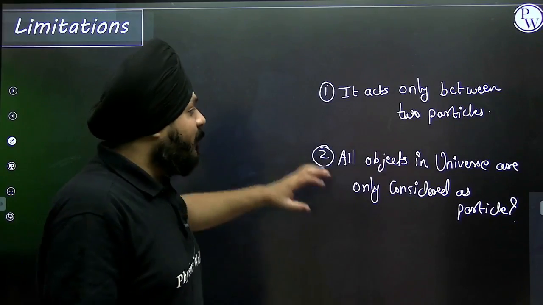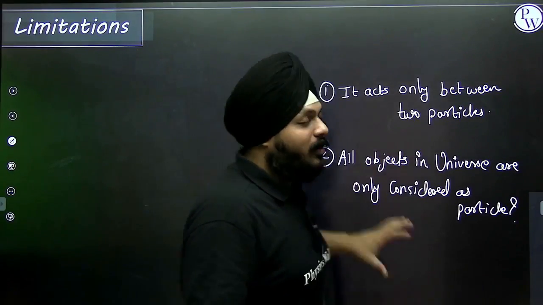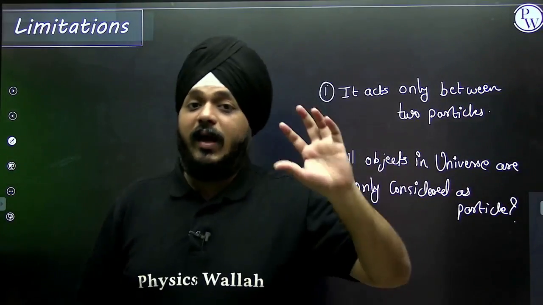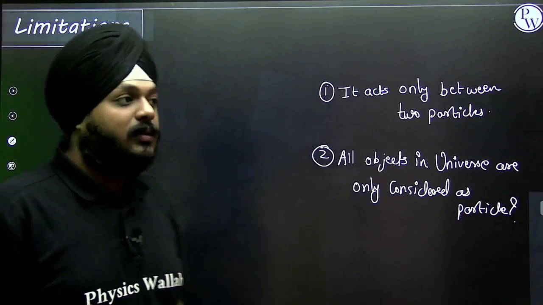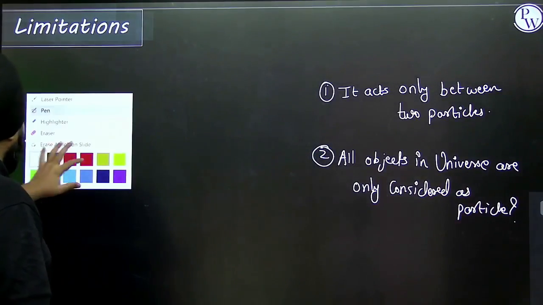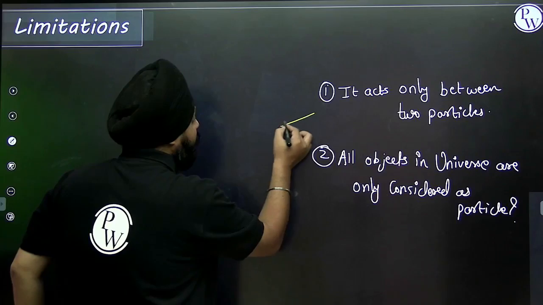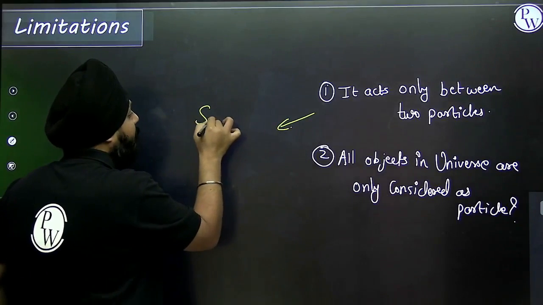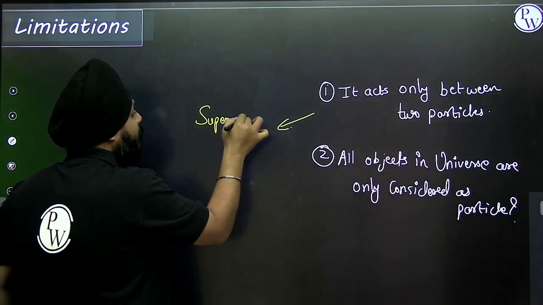So these are the two most important limitations, and they are overcome. The first limitation is overcome by the superposition principle.